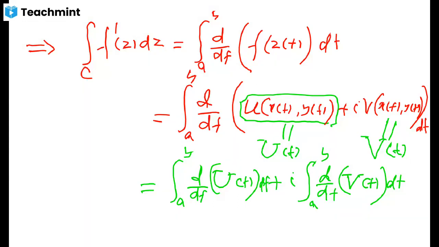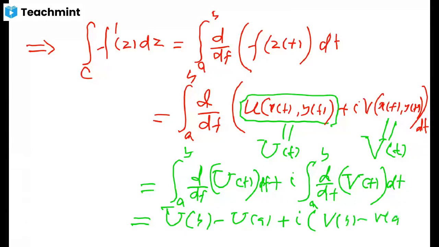Capital U is a real valued function being differentiated with respect to a real variable, so you can use the real version of the fundamental theorem of calculus for U and V. Since this is a definite integral, it has to be U of b minus U of a, one component, and the other is i times V of b minus V of a.